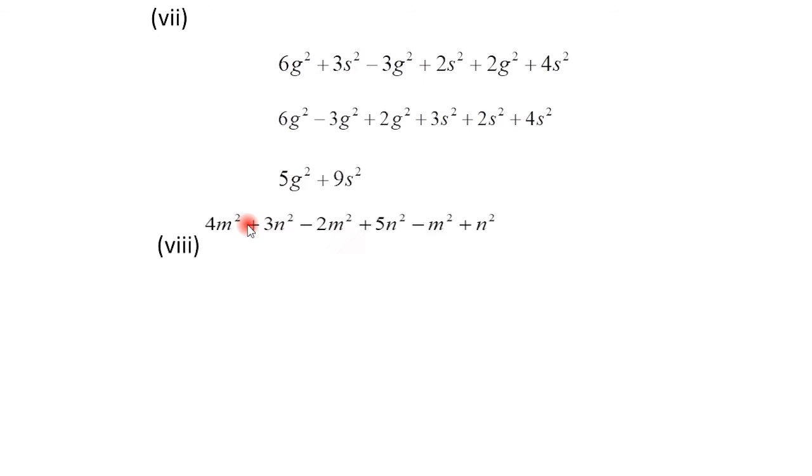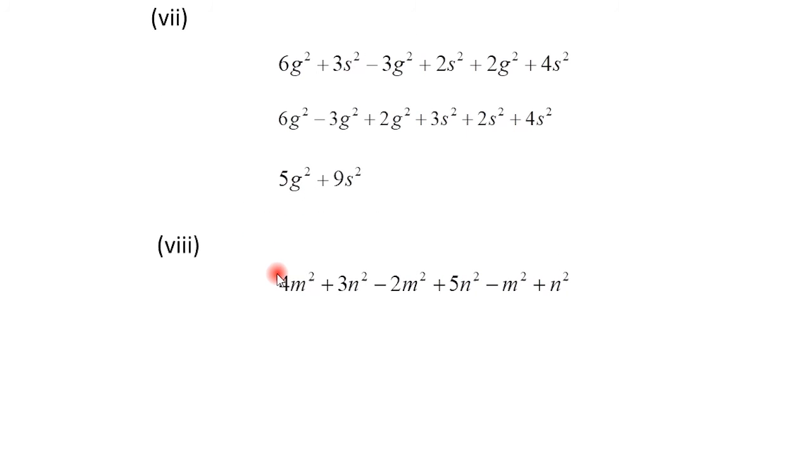Example 8. We have 4m squared plus 3n squared minus 2m squared plus 5n squared minus m squared plus n squared. Can you bring forward the m's and then followed by the n's? As in this case, 4m squared minus 2m squared minus m squared plus 3n squared plus 5n squared plus n squared.